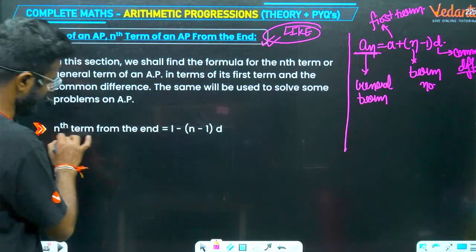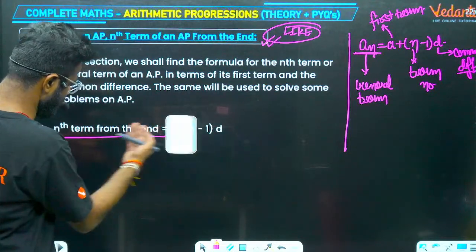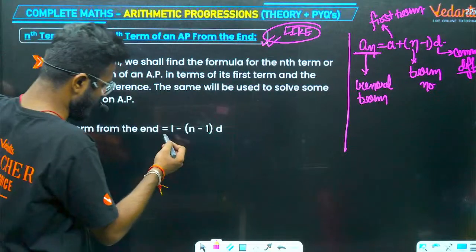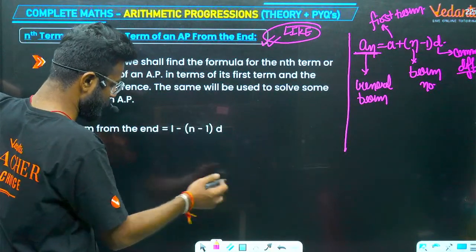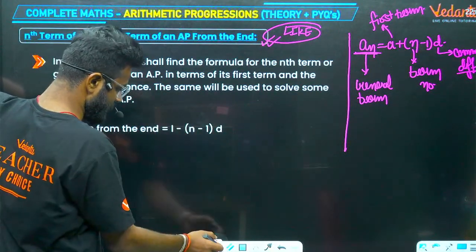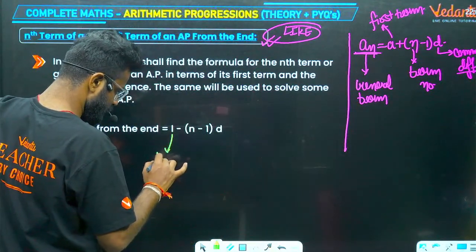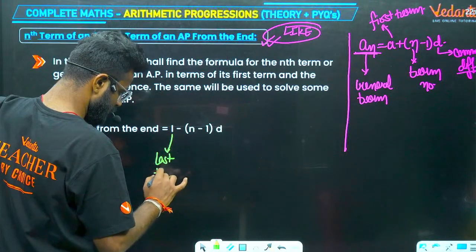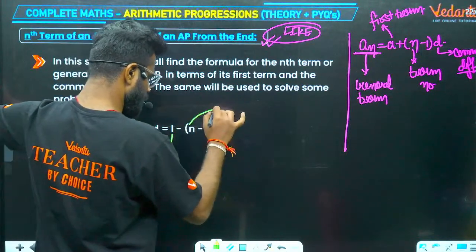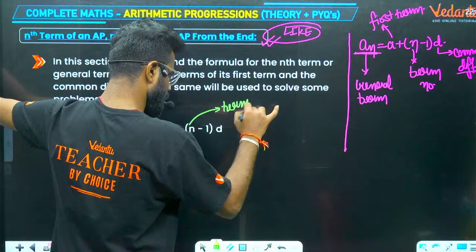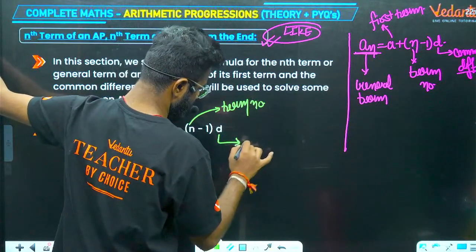And if you have to find the nth term from the end, then you have a formula: L minus n minus 1 into d. L is your last term. N is your term number. And d is your common difference.